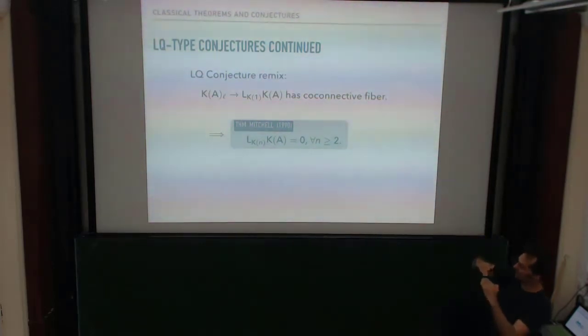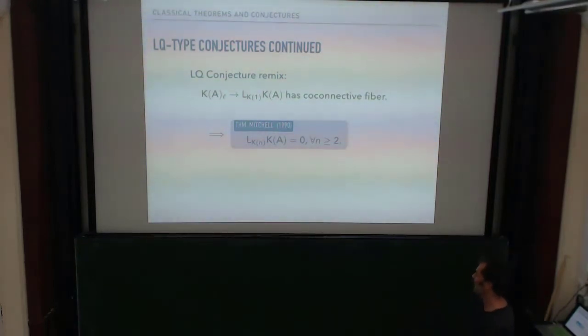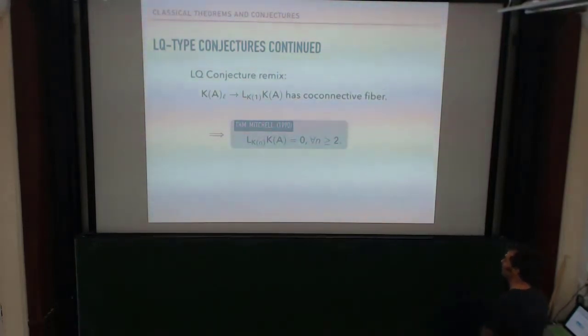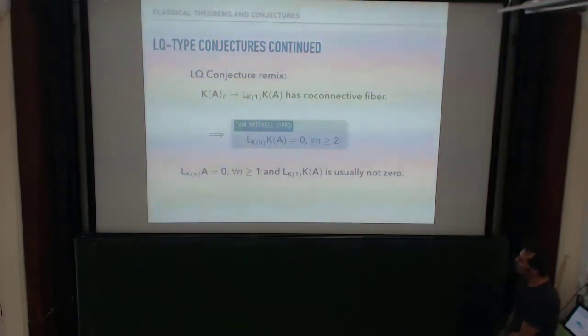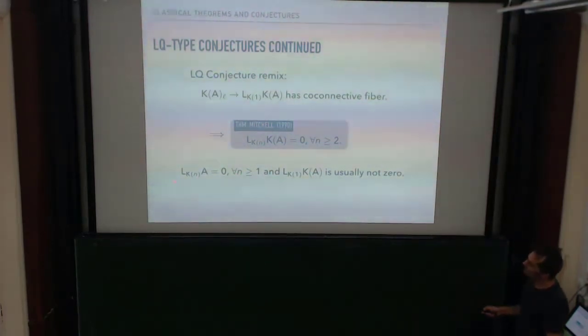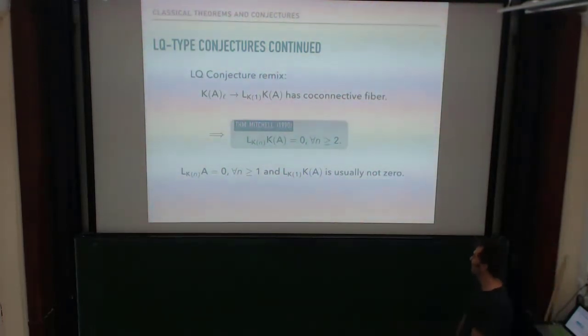We actually just have to do K0 and K1 to get the best approximation chromatic homotopy theory can give us. And so for discrete rings, the K(n) localization is 0 when n is greater or equal to 1. And once we apply algebraic K-theory, we get that it's 0 for n greater or equal to 2. It turns out that the K1 localization is usually not 0, as this spectral sequence will show you.